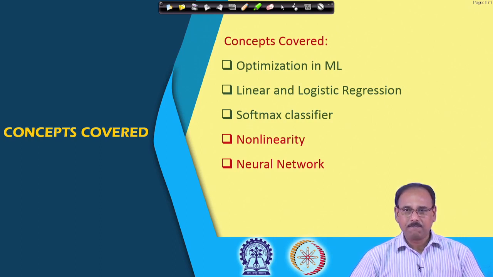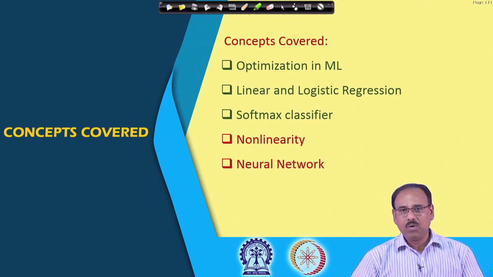Given the class score for class yi to be s yi and the class score for every class j to be sj, we have converted this into the probability p of yi given x and w equal to e to the power s yi upon the sum of e to the power sj, where the summation is taken over all j. That comes into the denominator, and that is what becomes a normalized probabilistic measure. That is what we have done in case of the softmax classifier.